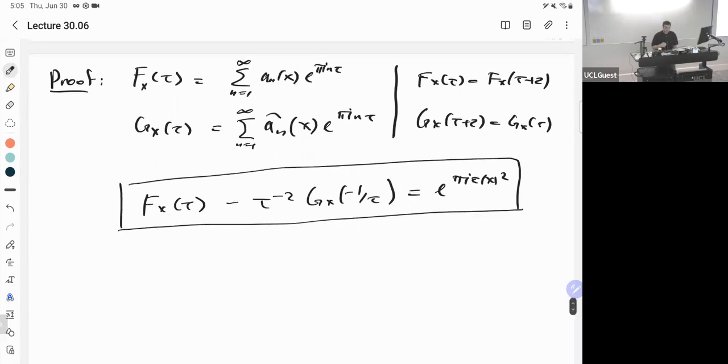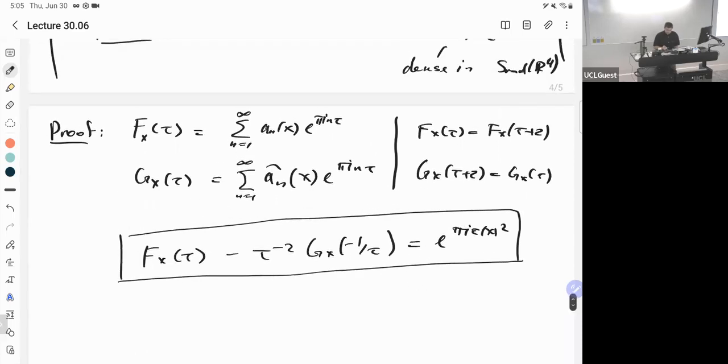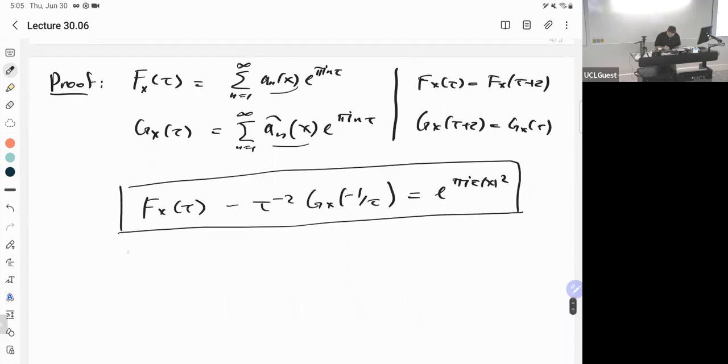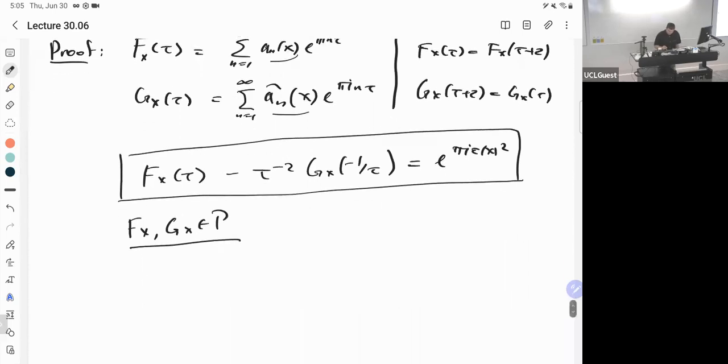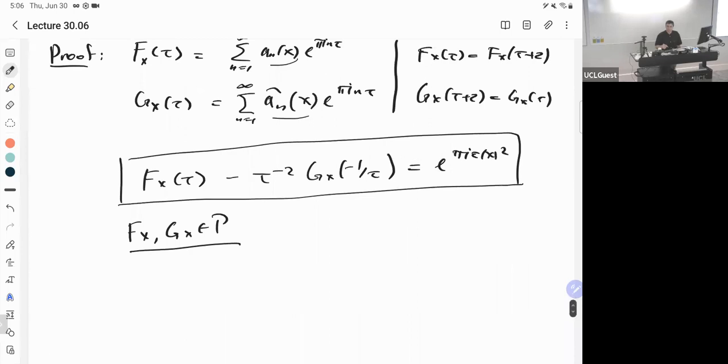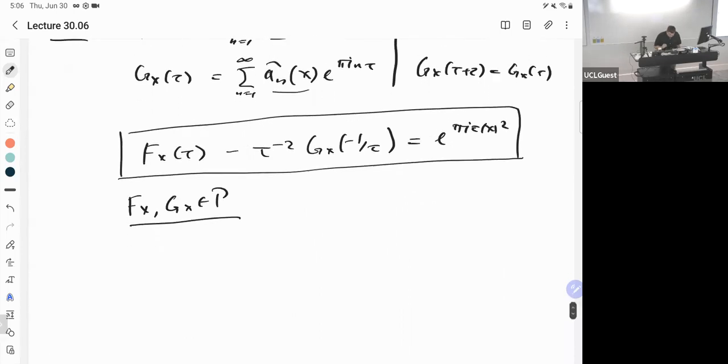And the other thing is you don't want these sequences to grow too quickly, and that is where this P condition comes in. So you also want fx, gx to be in this class P of moderately growing functions. But let me explain why this is actually a question about modular integrals, and it's very easy.